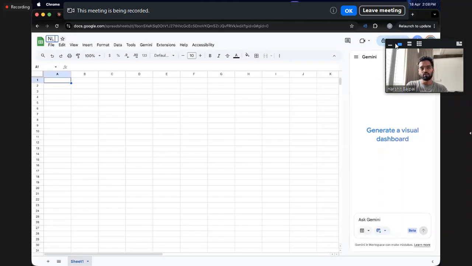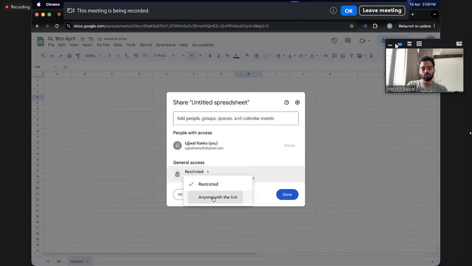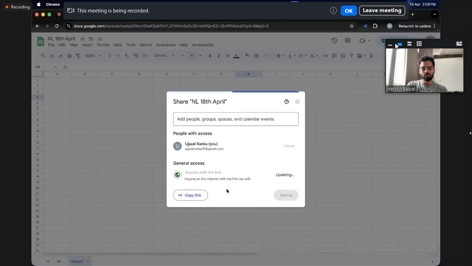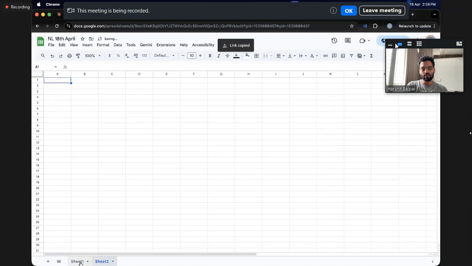Next, leave 18th April. Your objective is to create a tab. You can just hit the plus icon, create a tab, and put your name here. For example, I've just put mine.